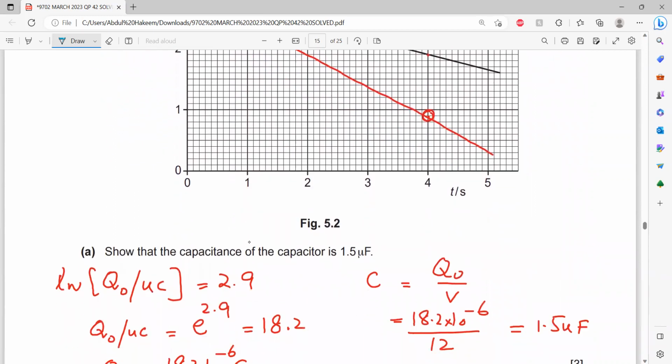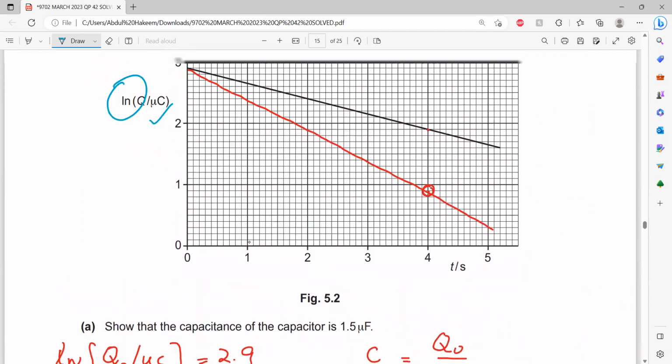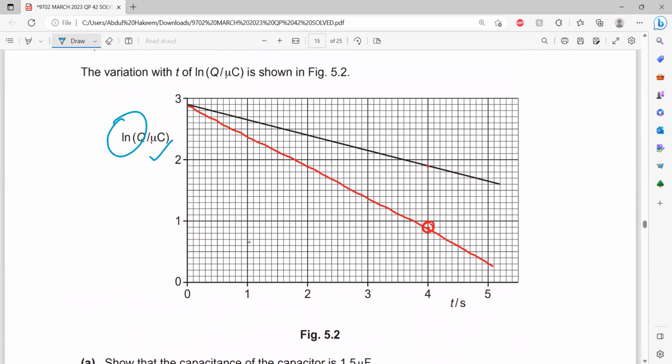Show that the capacitance of the capacitor is 1.5 microfarad. So we will first take the initial charge, which is Q naught, because when it is fully charged, its charge is Q naught. Since this is discharging time, we use time 0, because at time 0 of discharging it is fully charged.